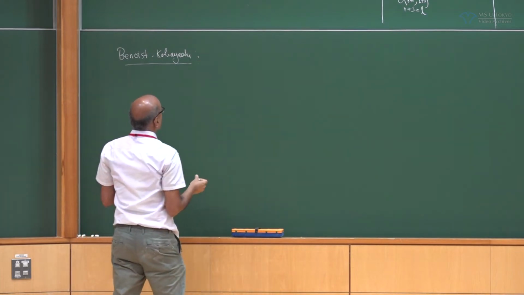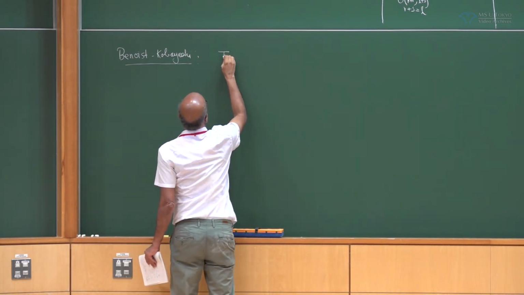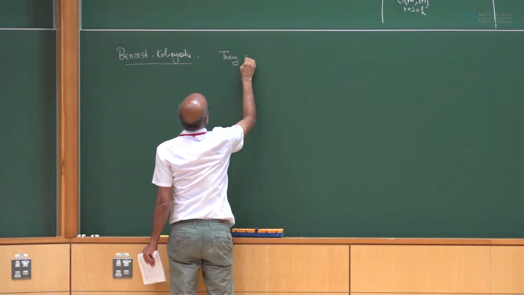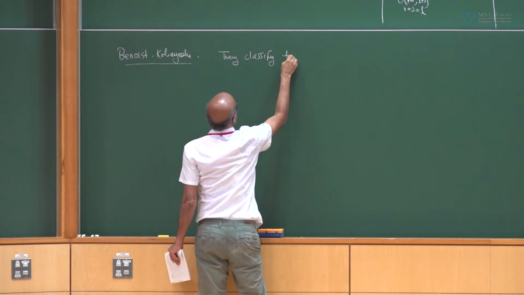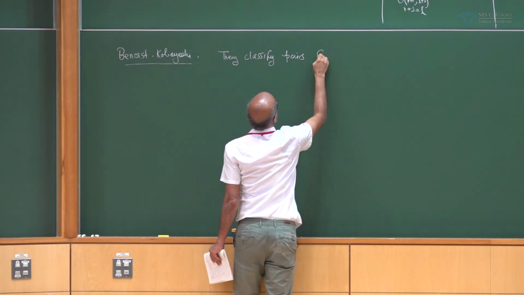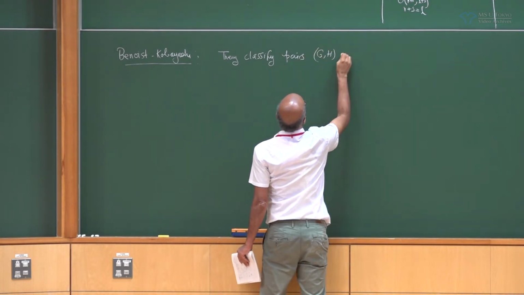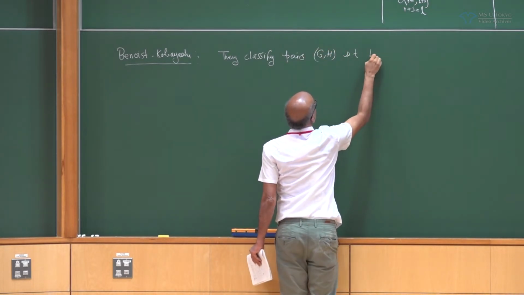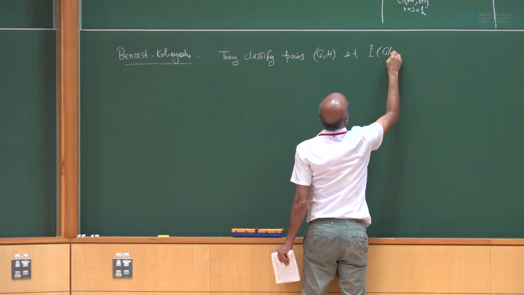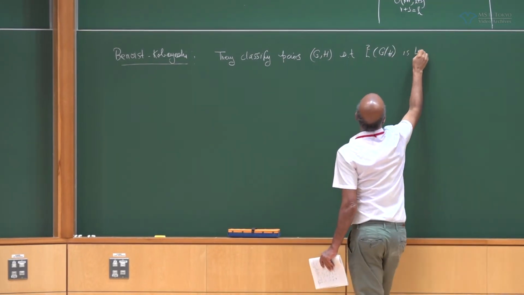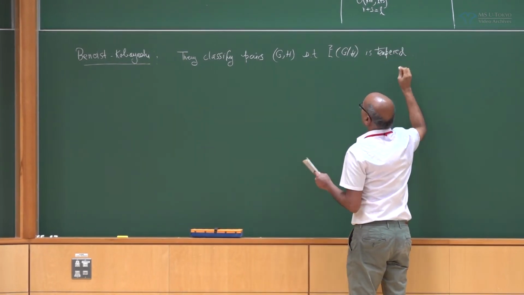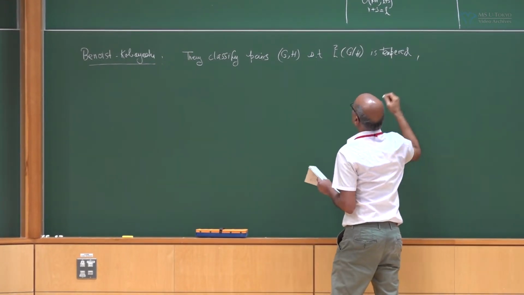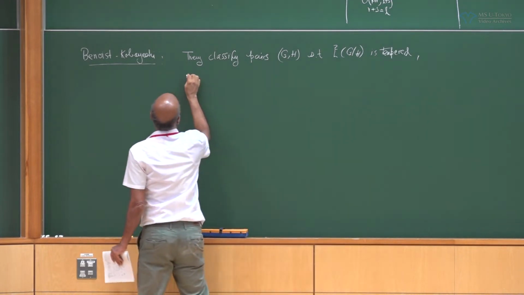So they classify pairs G comma H such that L2 of G mod H is tempered. And one may call these tempered pairs.